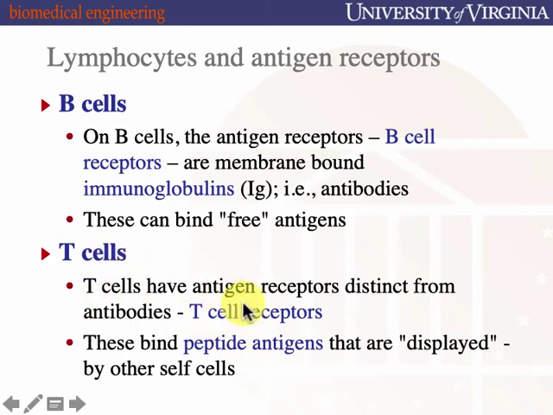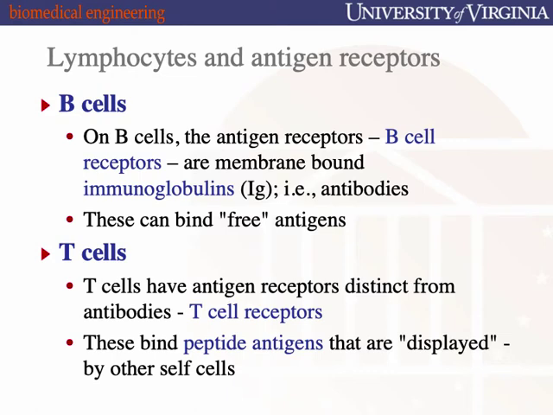So T cells also have antigen receptors that are distinct, although have some structural similarities to antibodies. They're called T cell receptors or TCRs. These are only going to bind peptides, okay? That's a big distinction, right? So an antibody just binds a feature, and we always use that term pretty broadly.